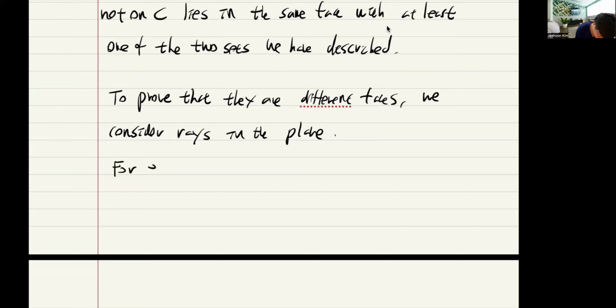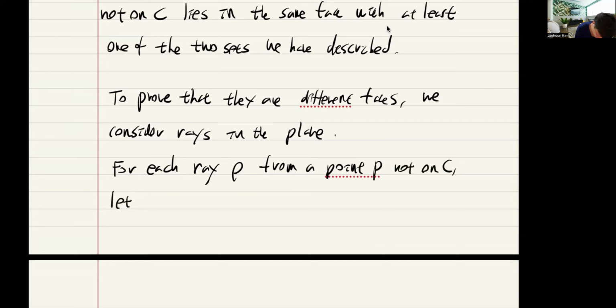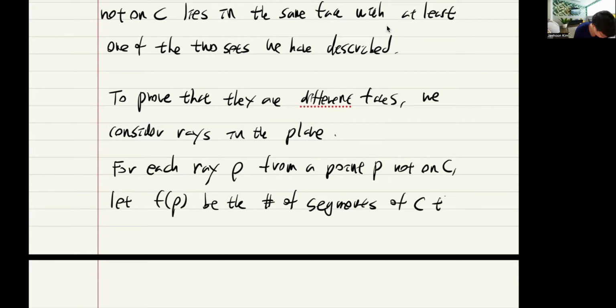For each ray rho from a point P, which is not on C, we define f of rho to be the number of segments of C that rho intersects.